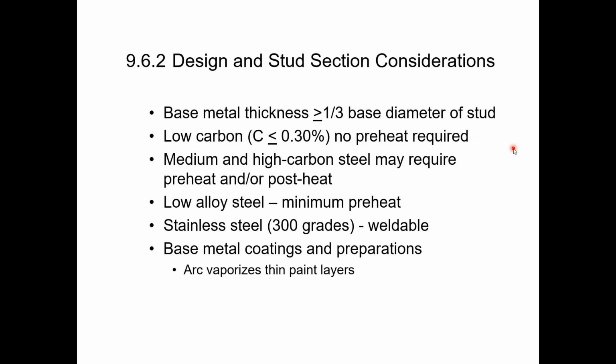Again, stainless steel is sort of a whole different animal. We've already talked about that a little bit in a different context, but there's over 300 grades of stainless steel.